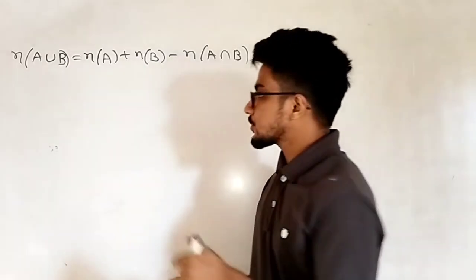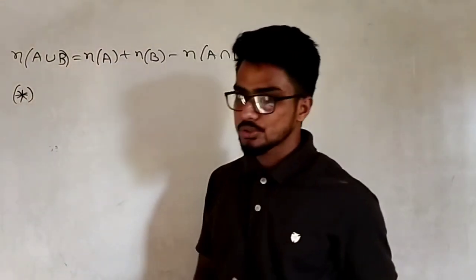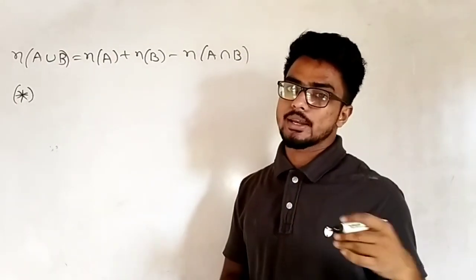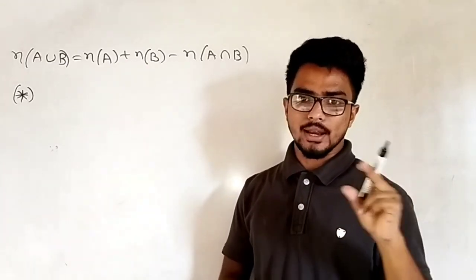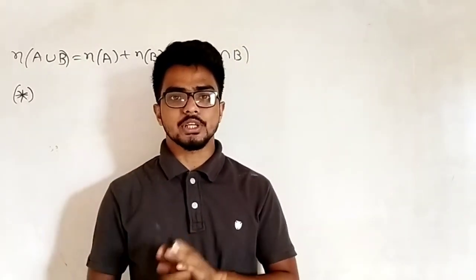Okay, first let us consider a situation. Suppose there are 38 students in a class, and each of them will read at least one of the subjects, either maths or physics.